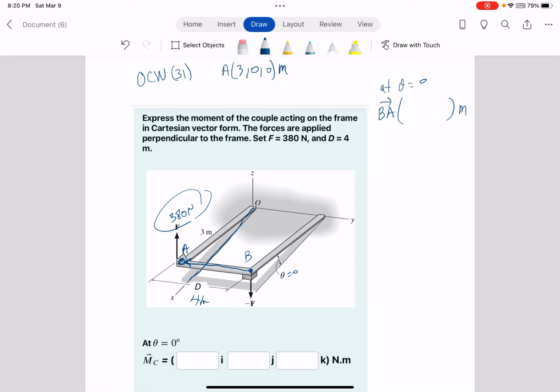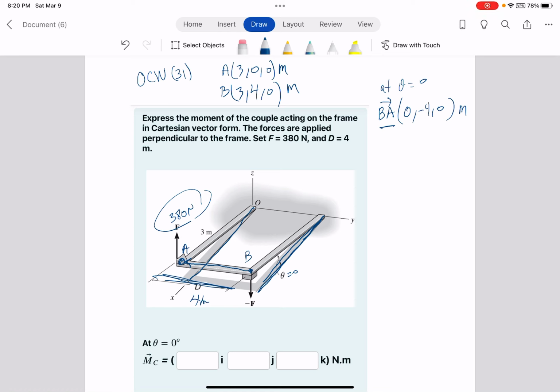And let's find B. When theta is 0, this is 3 in the x and 4 in the y, and of course it's on the floor, so it's 0. So now we will do PA, which means A minus B: 0, minus 4, 0.